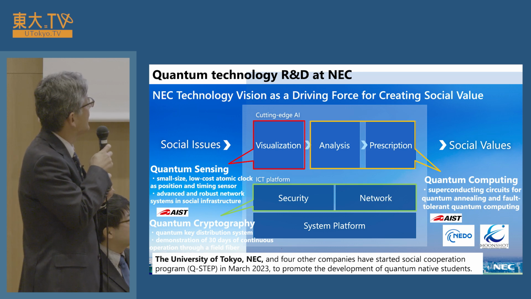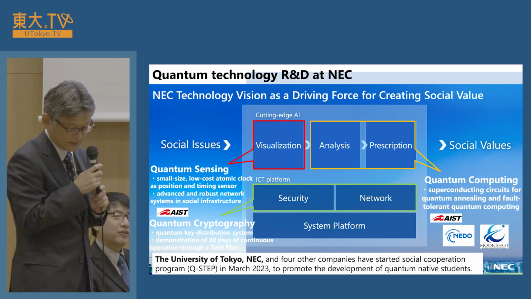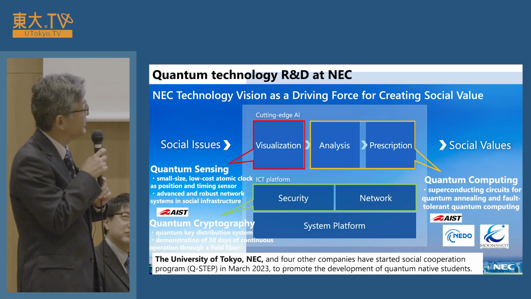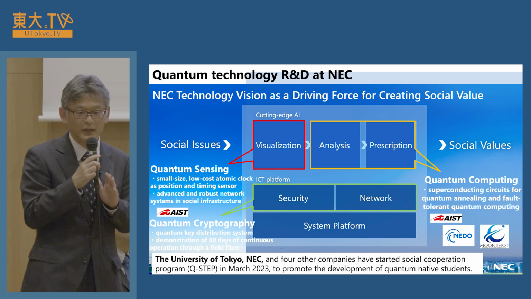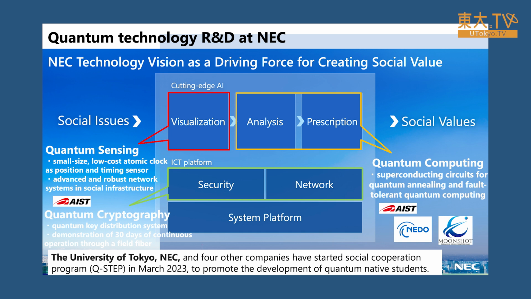Yes. For the coming quantum era, of course, we think quantum technologies are important. For example, quantum sensing is very important as a method to visualize the real world with an unprecedented level of precision.